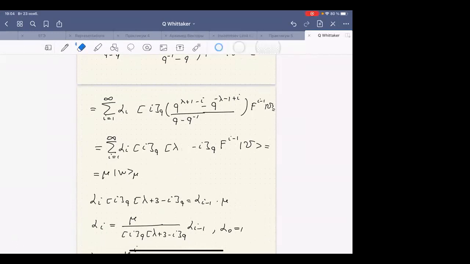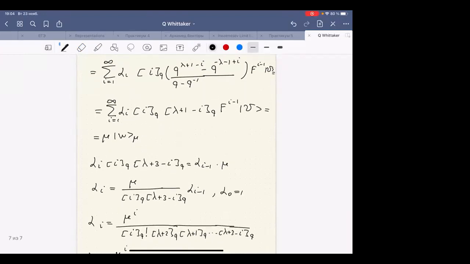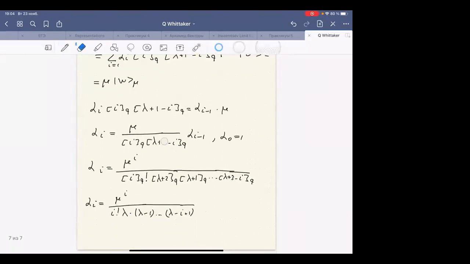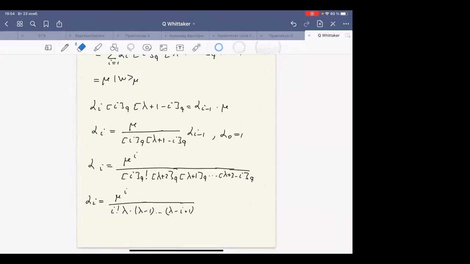Plus 3 plus 1. One. And now everything is perfect.